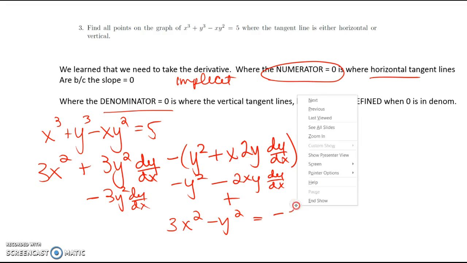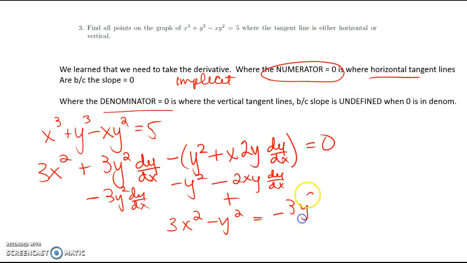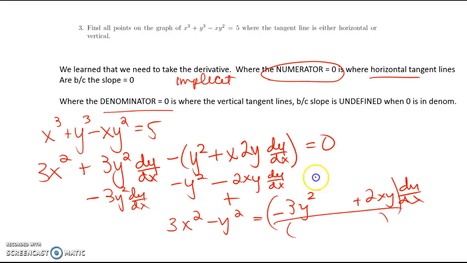So negative 3y squared dy dx plus 2xy dy dx. All right, factor out the dy dx. I'm just going to pull it out of here. Right? And then divide by this. And I'll just change the order because I like to put the positive first. 2xy minus 3y squared.